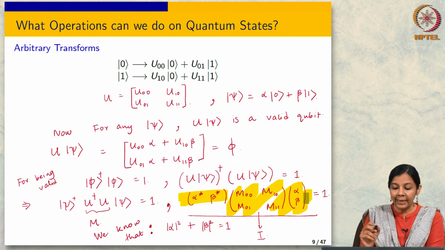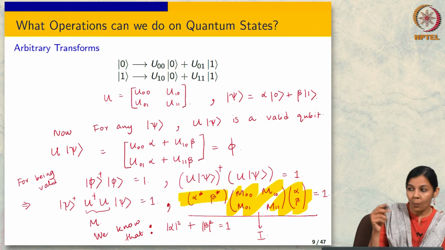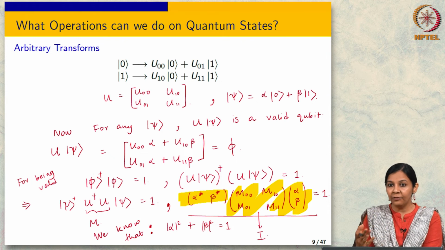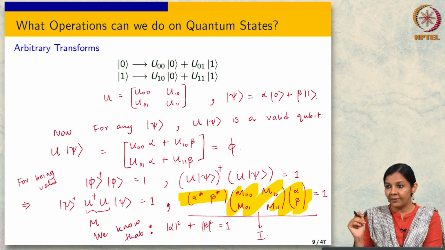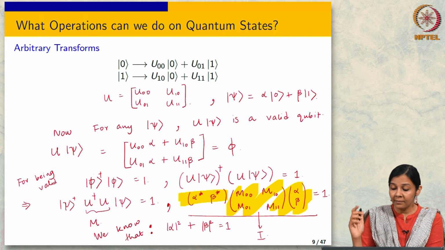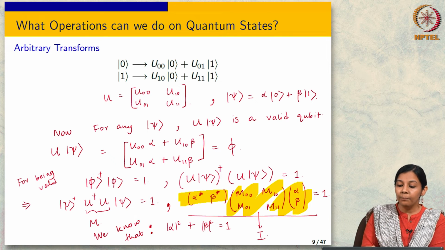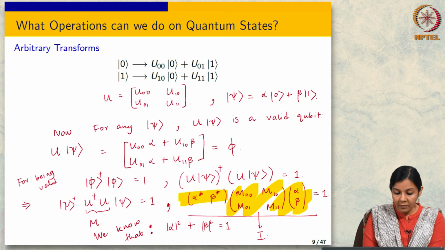Indeed, we require it to be an identity for this condition to hold for all valid alphas and betas, and this in particular implies that this matrix M, what was it? It was u dagger u, right.